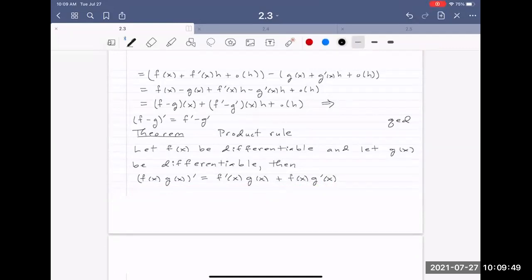So one of the inventors of calculus, Leibniz. Hopefully I'm spelling his name correctly. So this is the Leibniz rule, named after Gottfried Leibniz, who independently also derived calculus.